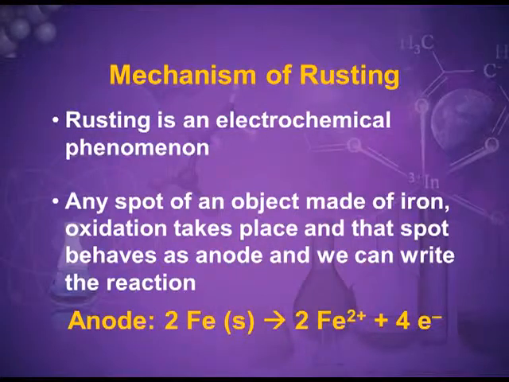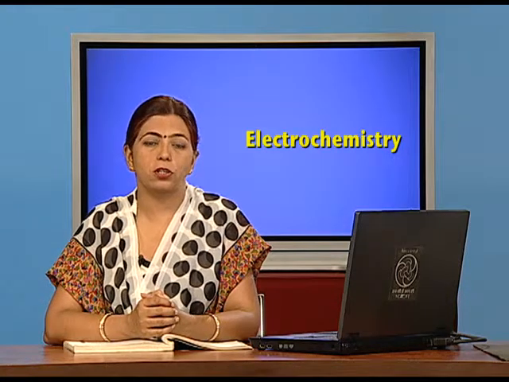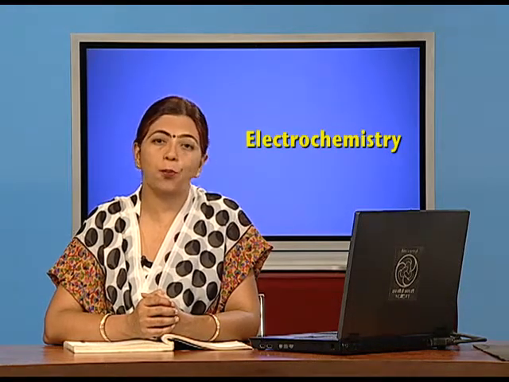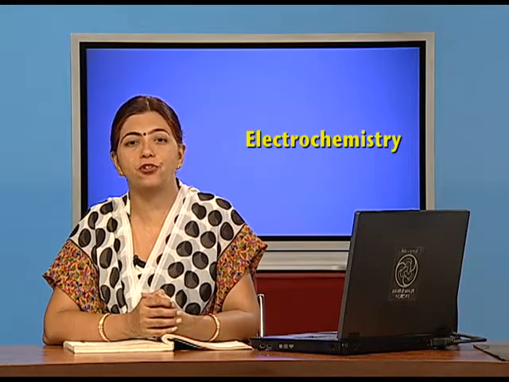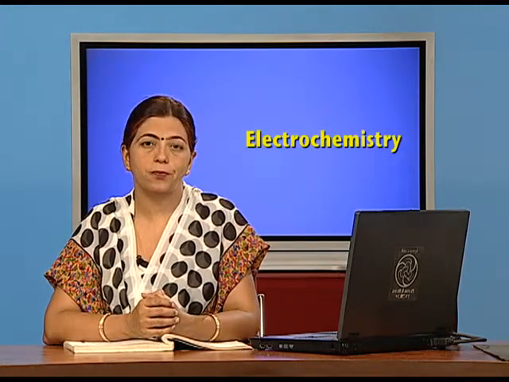Now, any point on the iron which first comes into contact with air and moisture starts acting as anode. Anode means loss of electron will take place at that point, that is oxidation. So, the iron at that point loses electrons and is oxidized to the ferrous state.